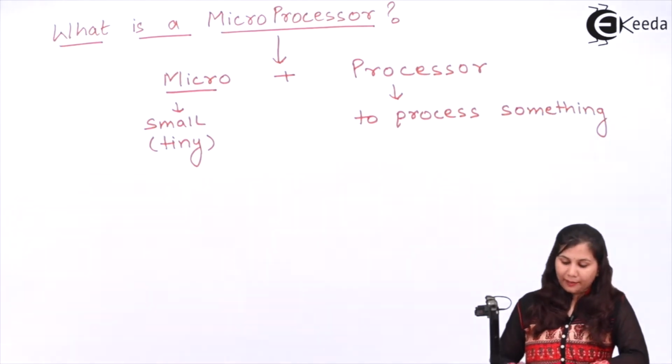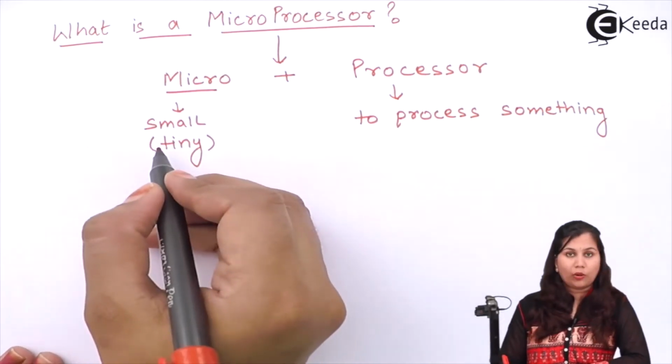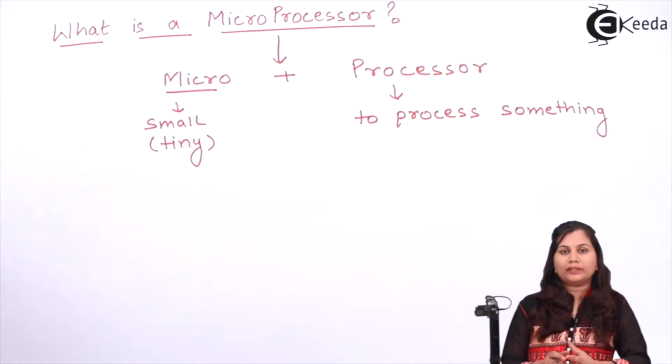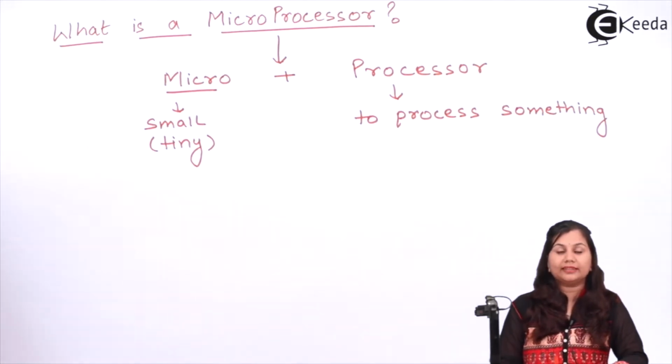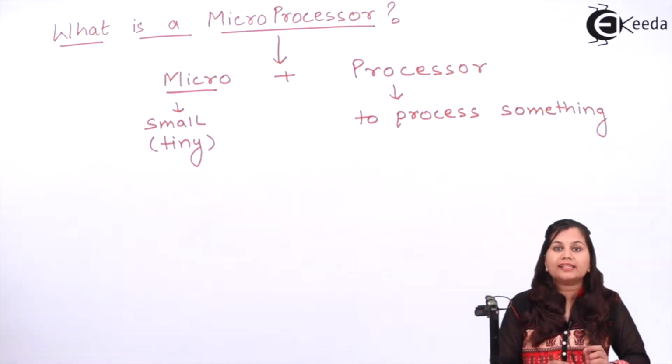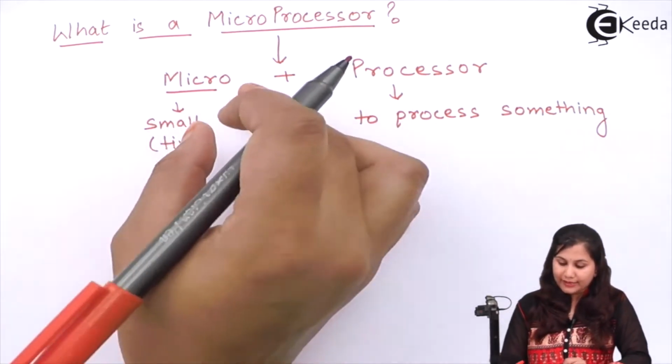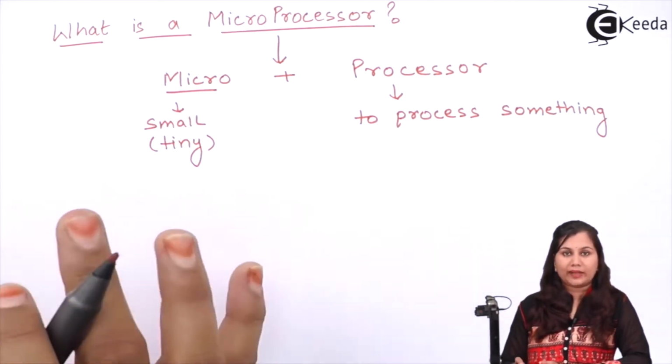Now here, the microprocessor is small in size because nowadays the VLSI integration technologies have been developed so that we can combine all the components of a device in a single chip. So the size of this processor is very small.